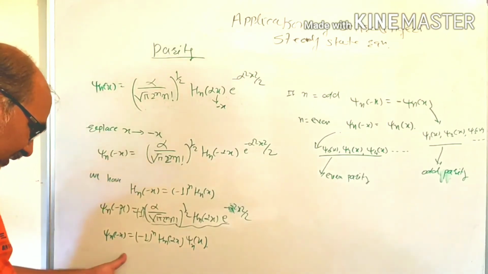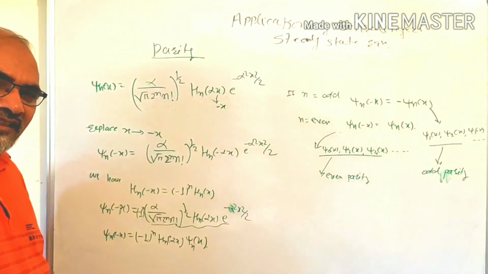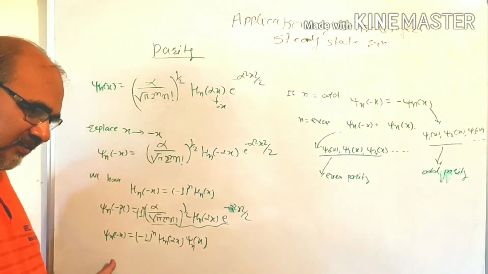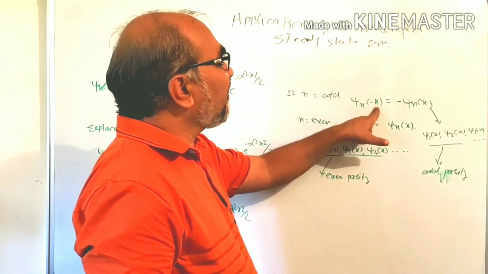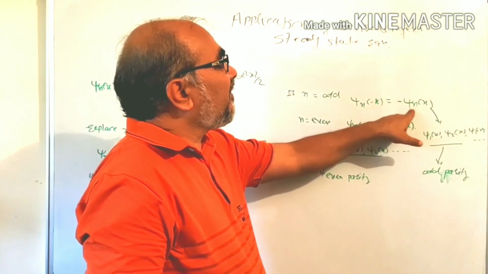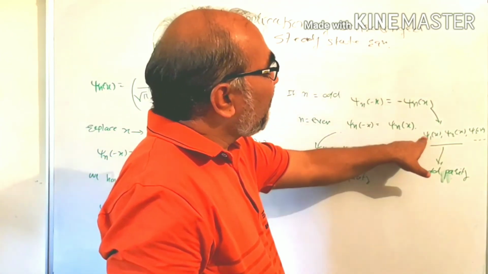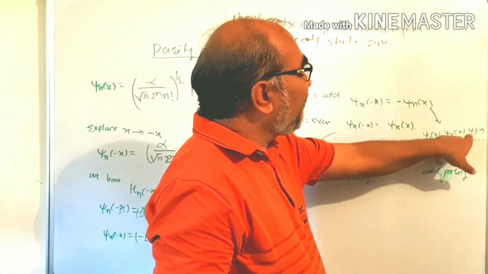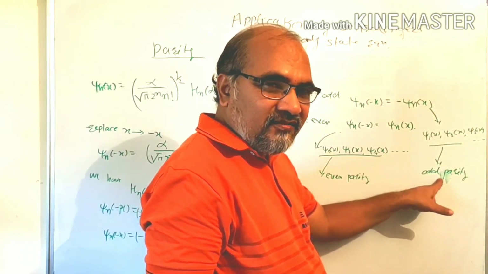Here it depends on whether n is even or odd. When n is odd, psi of minus x is equal to minus psi of x, and the corresponding wave functions, psi 1, psi 3, psi 5, are called odd parity functions.